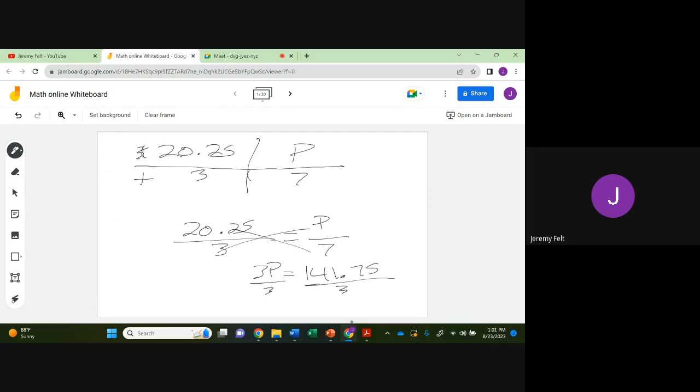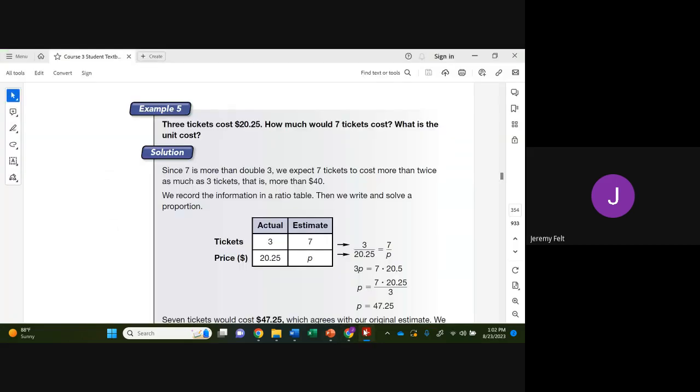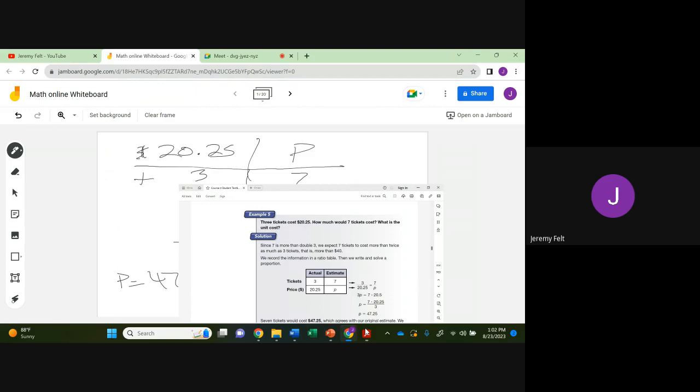I always divide by this coefficient, so I get our unknown by itself. 141.75 divided by 3 is 47.25. Now, if we wanted to figure out what we were asked, what is the unit cost?